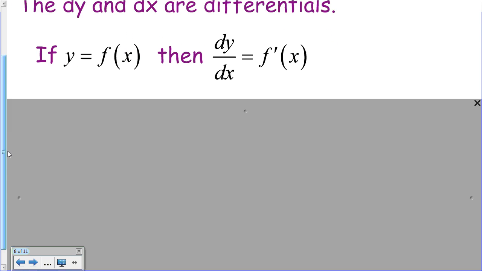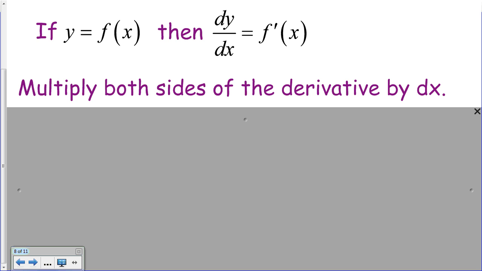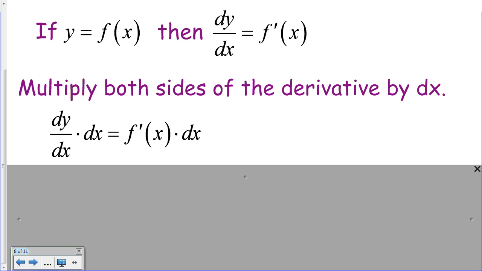Well, something interesting happens here. If we take dy dx equals f prime of x and multiply both sides by dx, notice what happens. On the left side you have dy dx times dx, and on the right side you have f prime of x times dx.